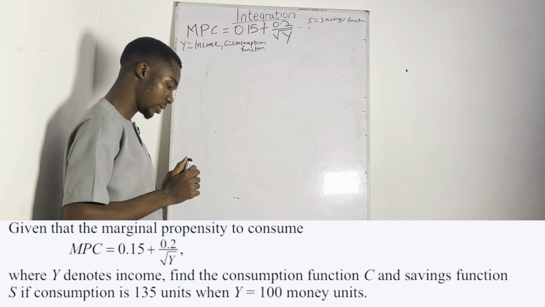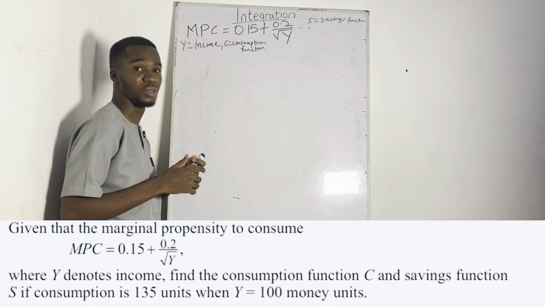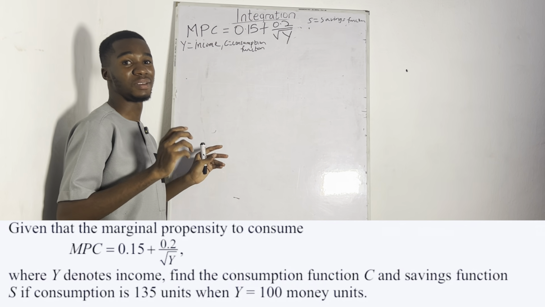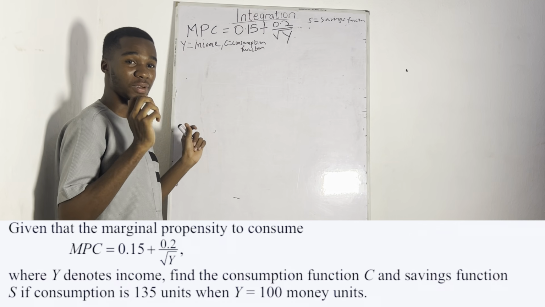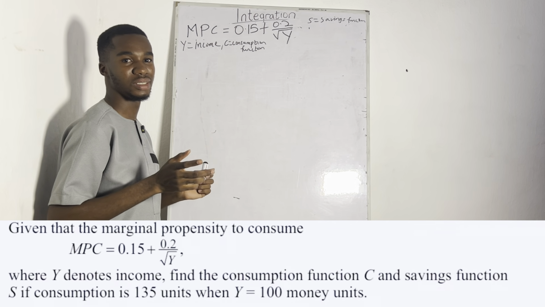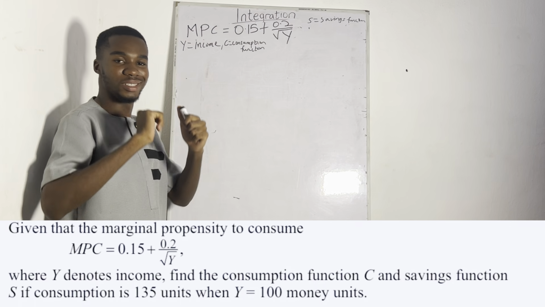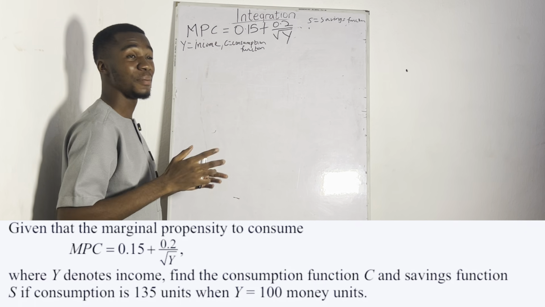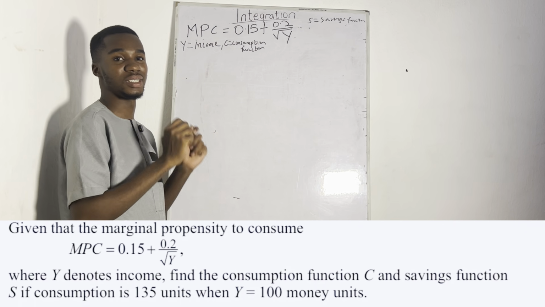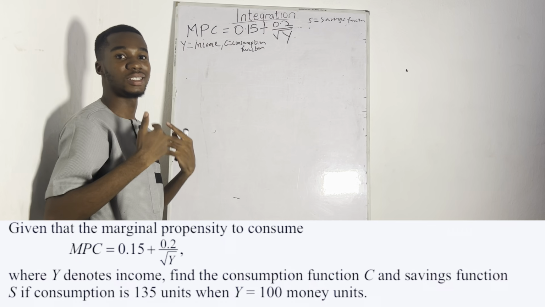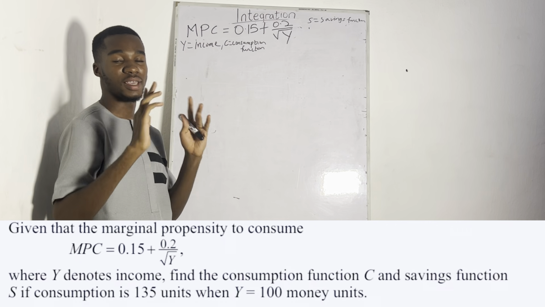Given the marginal propensity to consume, you don't even need to understand it because I told you that once they give you the marginal function, you get it. If they give you something like marginal cost, you have to find the total cost function. Just like the previous one, just integrate it. When they give you marginal anything, whether marginal function, marginal cost, marginal anything, just integrate it. You have to find the actual function, just integrate it. Once they give you marginal function, just put in your mind, you're supposed to integrate it.